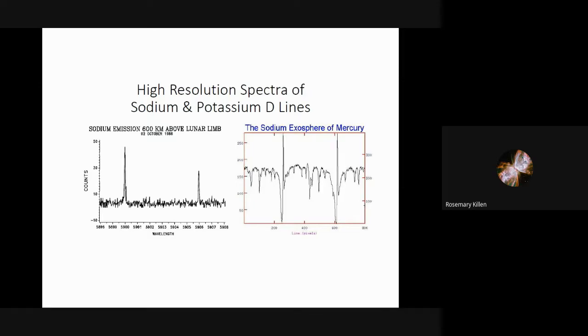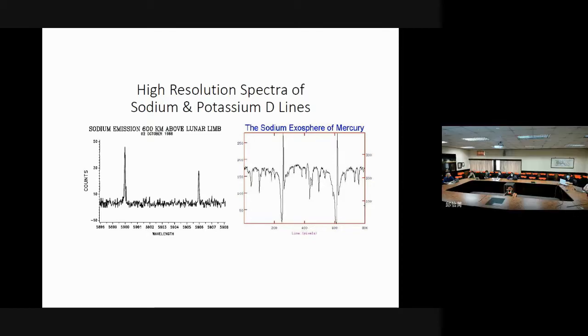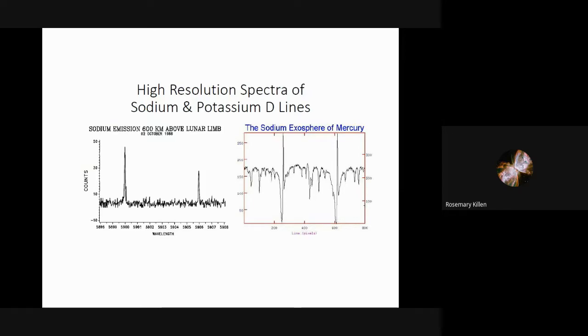So it's really important to carefully know what your g-value is, which is the photons per square centimeter per second per atom.